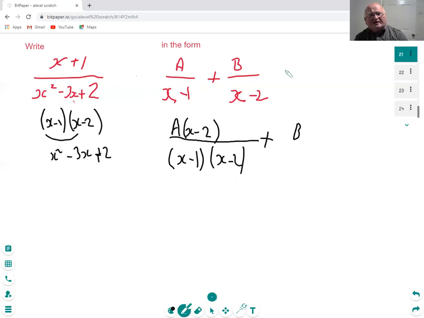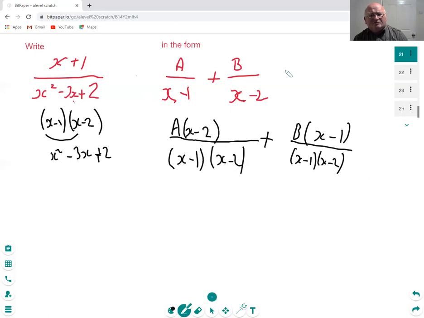What we've done here is multiply the top and bottom by x minus 2, and we can cancel those out and go back to the a over x minus 1. We do the same thing with this one, but this one is b(x - 1) over (x - 1)(x - 2).